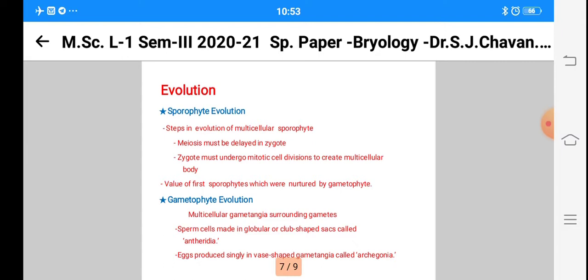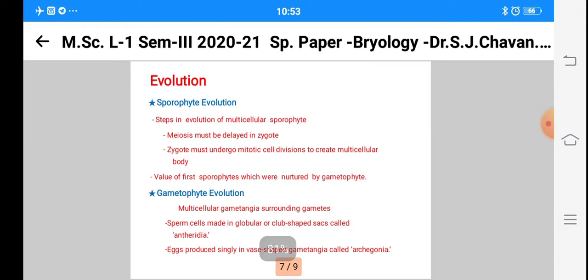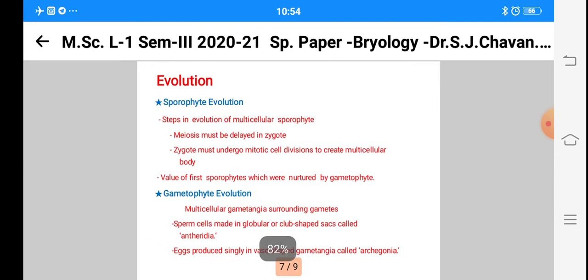Then the first sporophytes were nurtured by the gametophyte, which helps totally in their development in view of nutrition. Then gametophyte evolution shows multicellular gametangia, that is antheridia and archegonia. The sperm cells, the male gametes, are developed in globular, club-shaped sacs called antheridia, and eggs are produced in the archegonia.